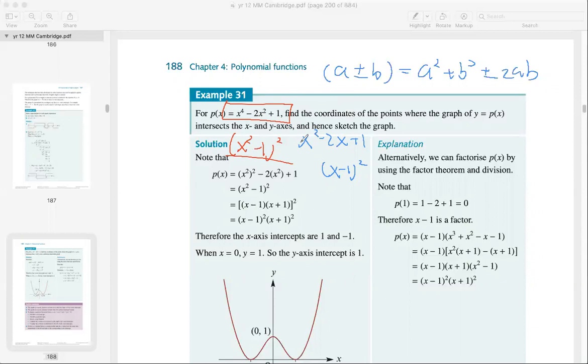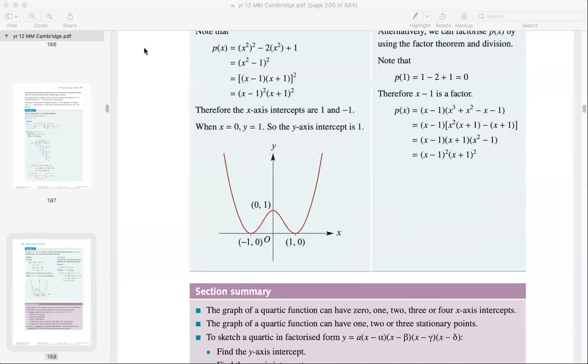Once you notice this, it's much easier to analyze, because you can directly do the factorizing, and you know that for minus 1, you get 2 repeated roots. For plus 1, you get another 2 repeated roots.